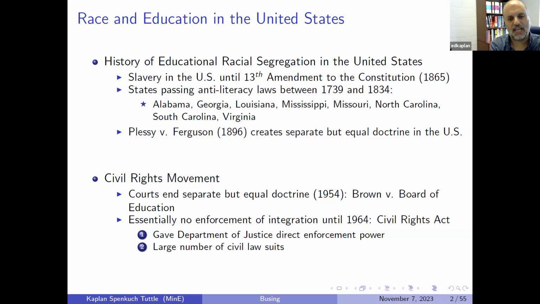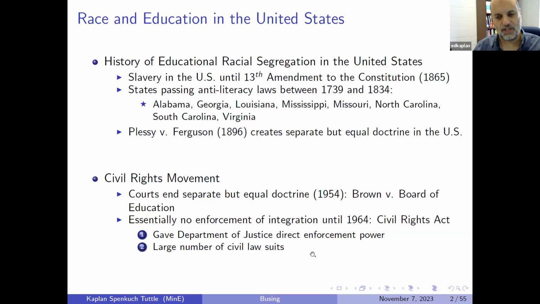But there was essentially no change after that decision for the next 10 years until the passage in 1964 of the Civil Rights Act. The Civil Rights Act gave the Department of Justice direct enforcement power. So it allowed the Department of Justice to go in and actively integrate schools rather than passively waiting for students to sue for the right to attend integrated schools.